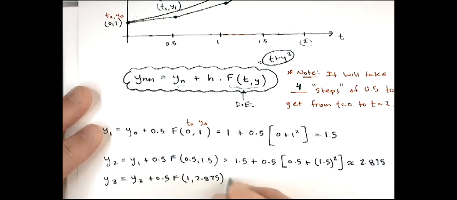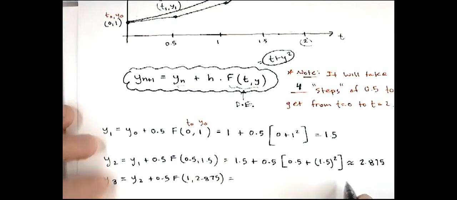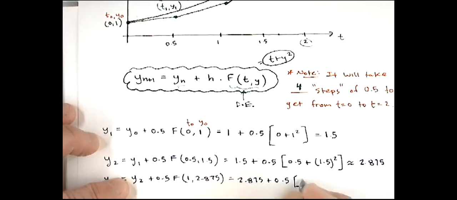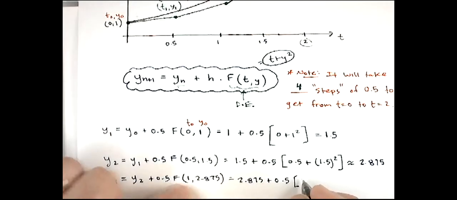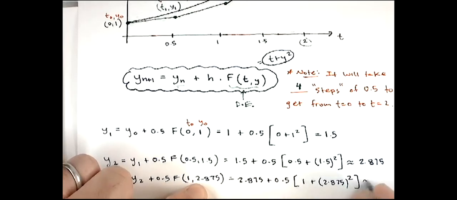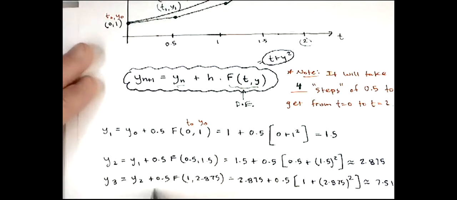So that's going to equal y2, which is that. And then it's t plus y squared. So 1 plus 2.875 squared. And I got a value of 7.51. Okay, in the interest of time, if you do it for y4, what I ended up getting was, actually, it's very big, 36.44. And see, that's my estimate.